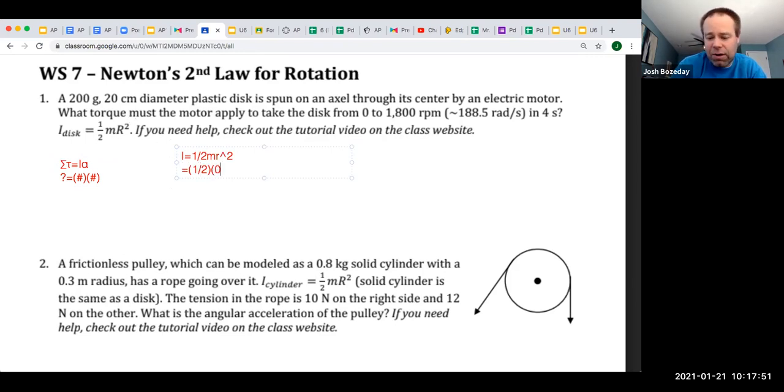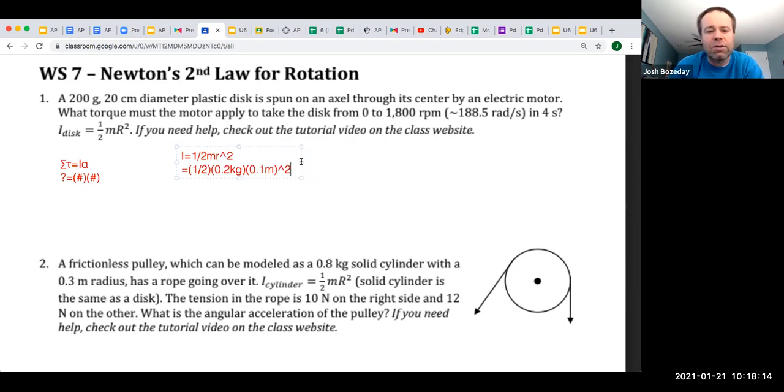We have to put that in kilograms, so that's one thing you have to be careful of. Moving the decimal over 3 places, 200 grams is 0.2 kilograms. Another thing is it's a 20-centimeter diameter, so we need the radius, which is 10 centimeters, and we need it in meters, which means moving the decimal over 2 places. So it's going to be 0.1 meters squared.